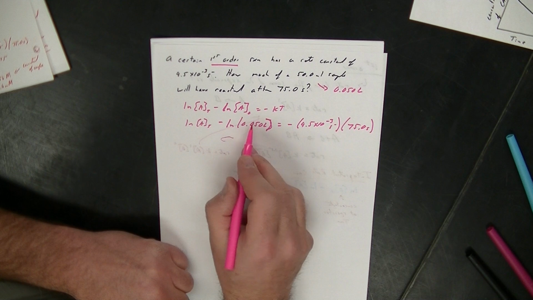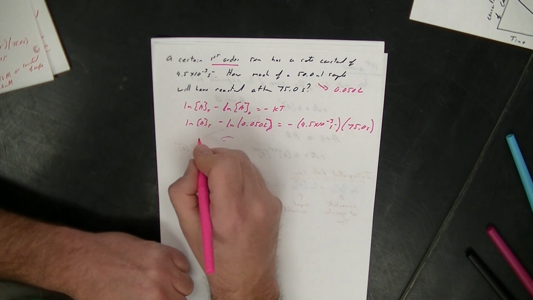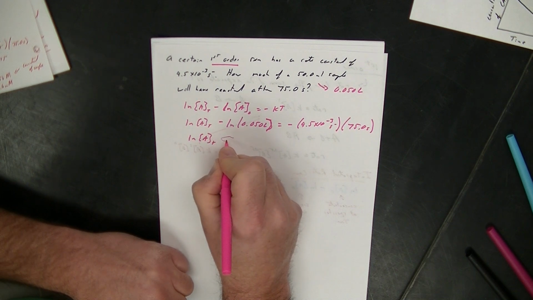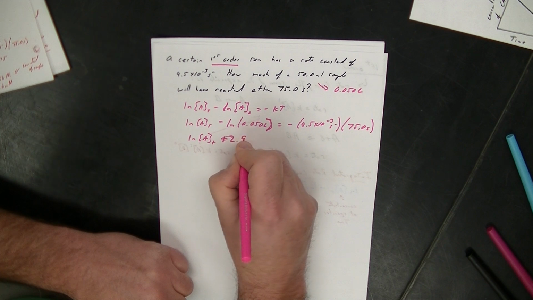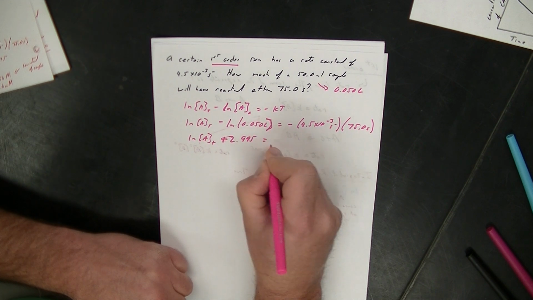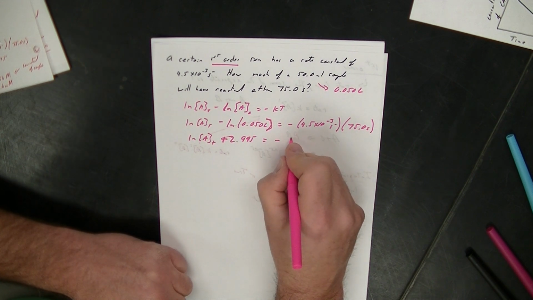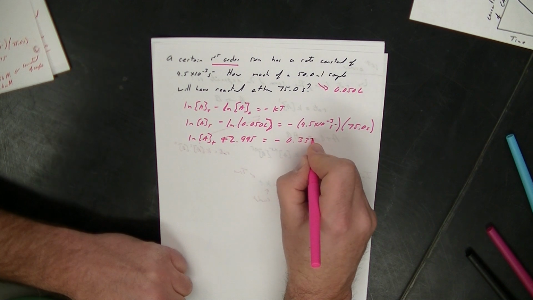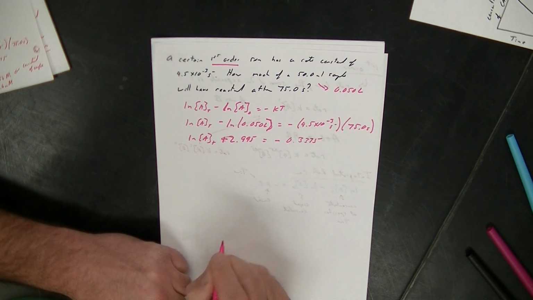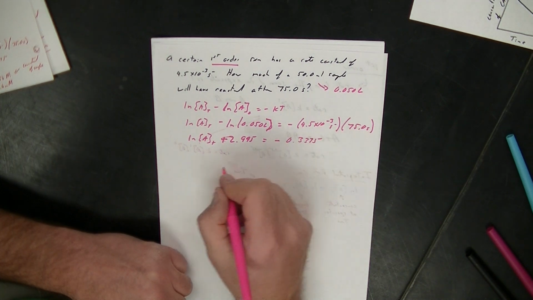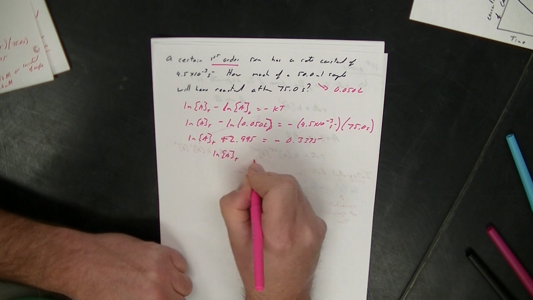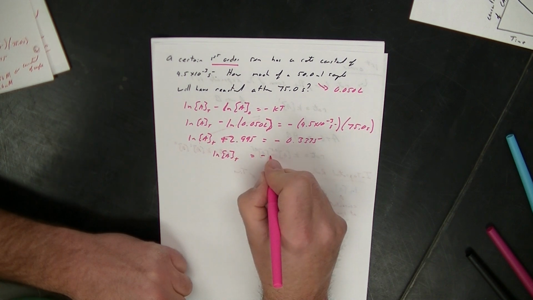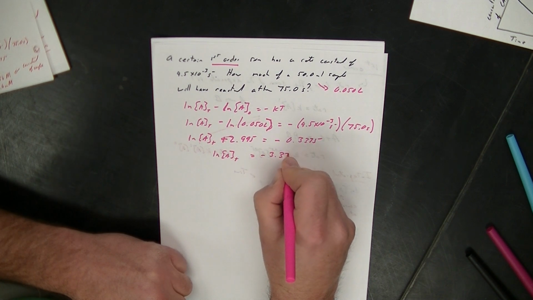When we do this math, we get ln concentration of A at time t, and that turns into plus 2.995 equals negative 0.3375. So then ln concentration of A at time t equals negative 3.333.